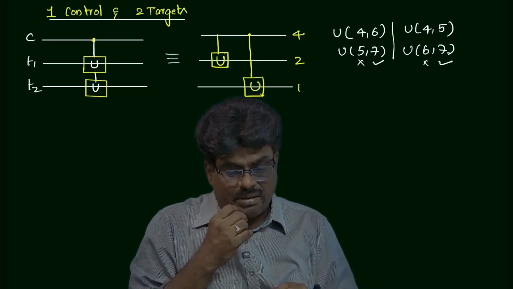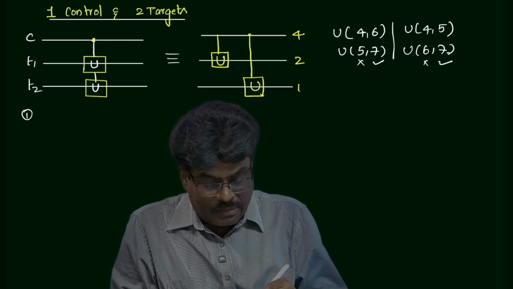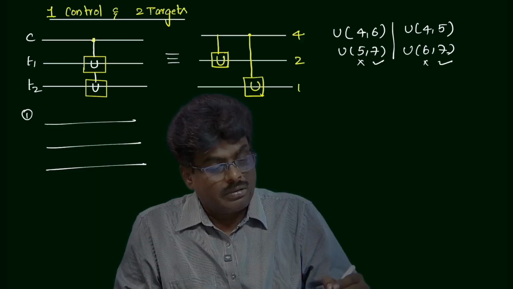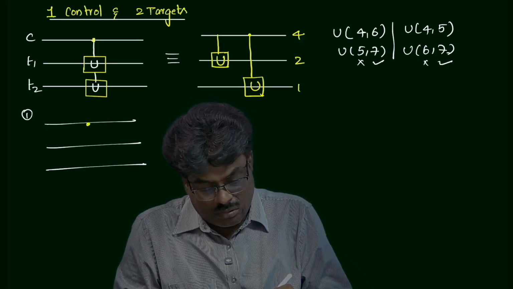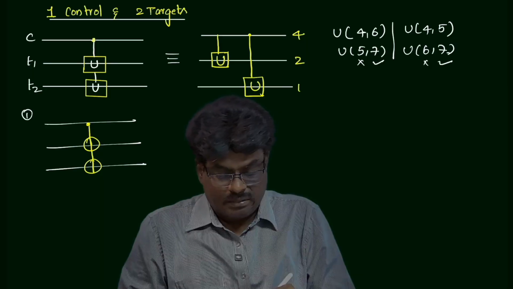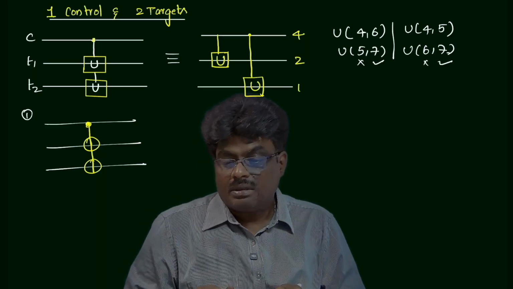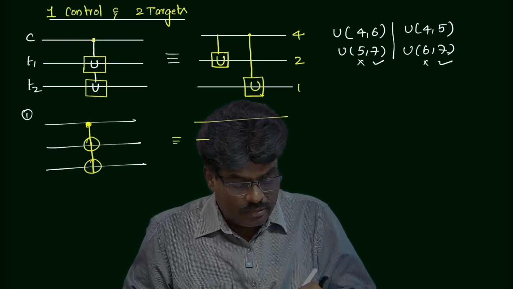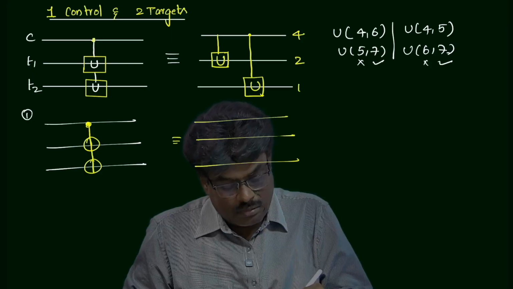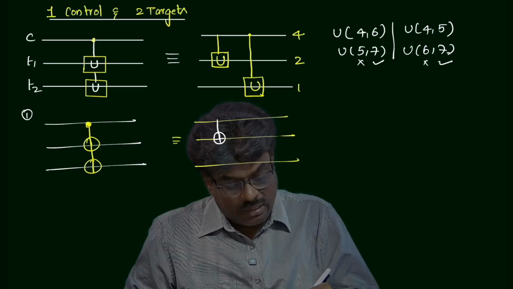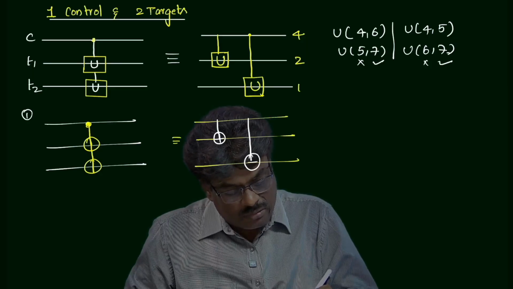Let us take one example. Now here I am taking one control and two targets. Here I am taking X gate. So this is nothing but CX, I mean control not, and one more control not.